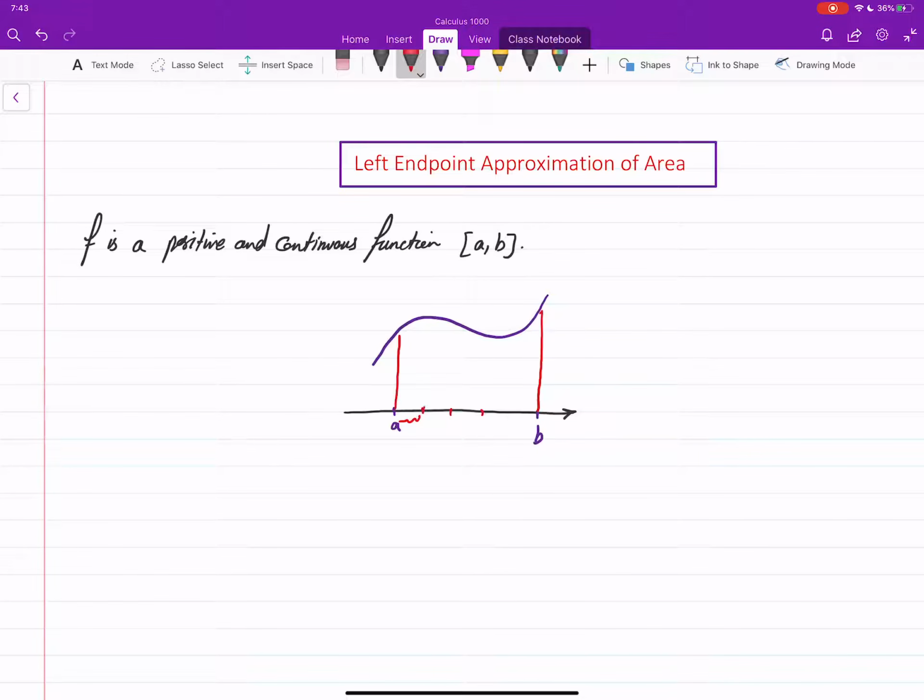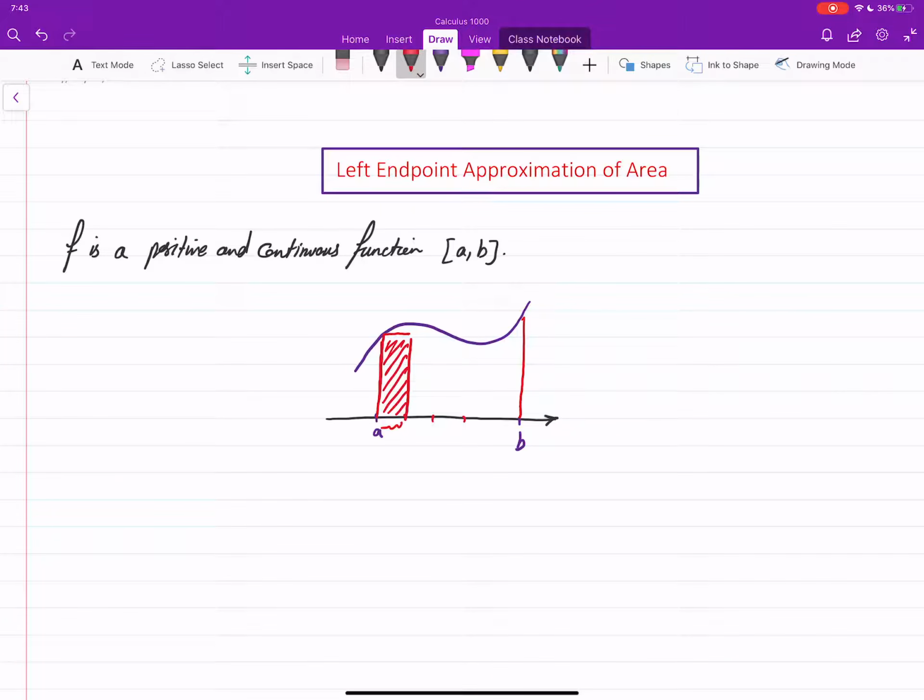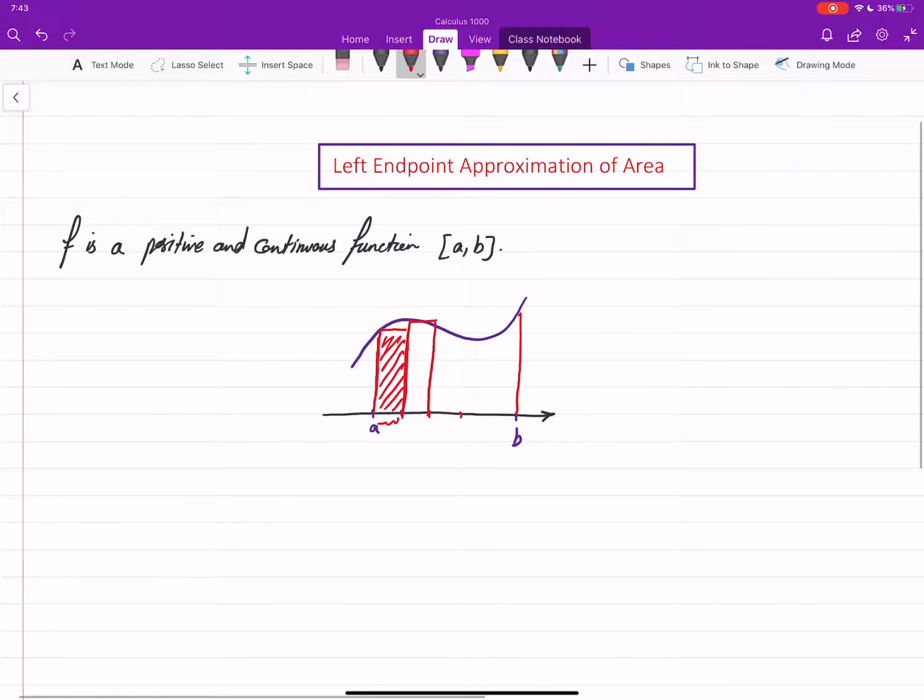This time, instead of using the right endpoint, we use the left endpoint and form this rectangle. For the second one, again, the left endpoint is this. We draw the vertical line up to the point where you hit the graph, and then from there you have this, go up to there, and that, and so on.